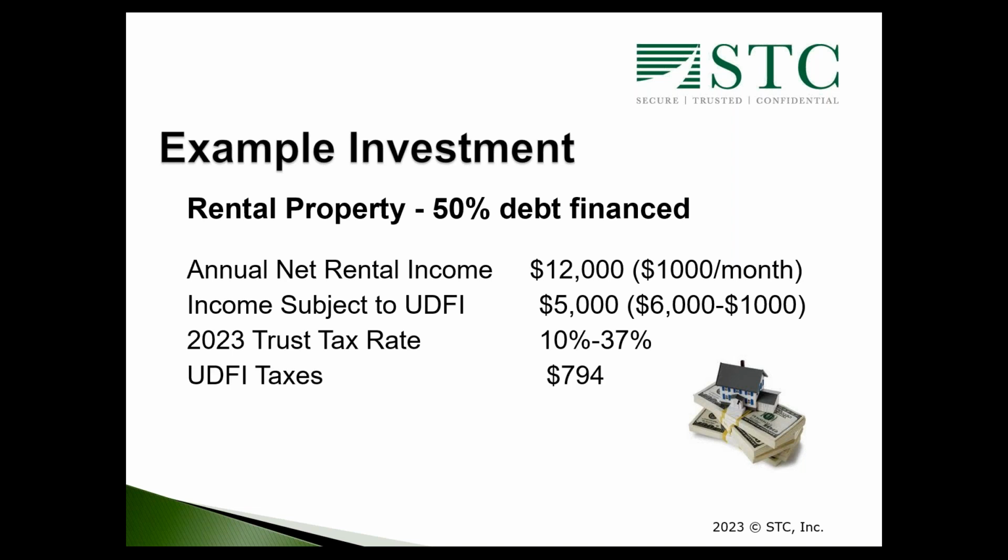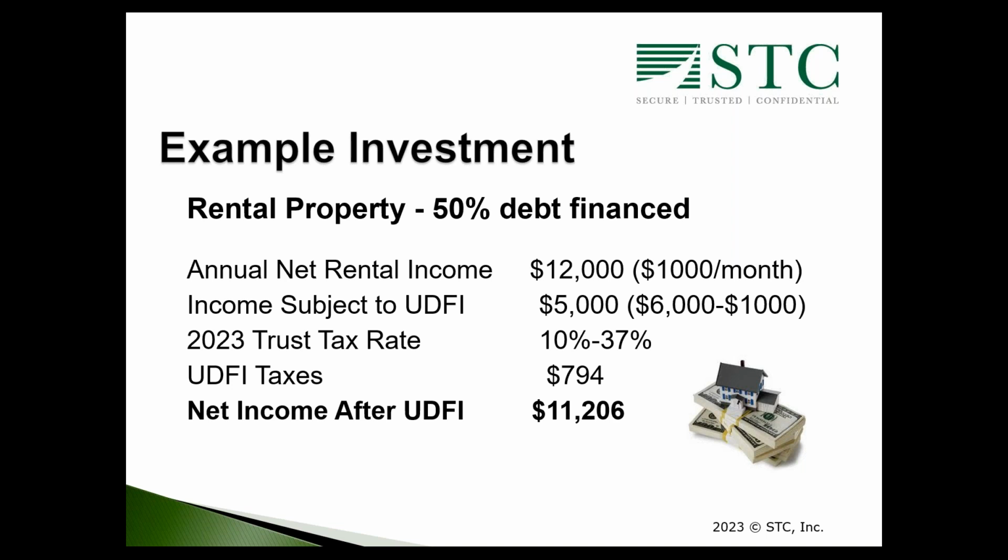So in this particular example, I did the calculations, and your taxes for this year of income on this property would be $794. That means that your net income after UDFI taxes is $11,206.